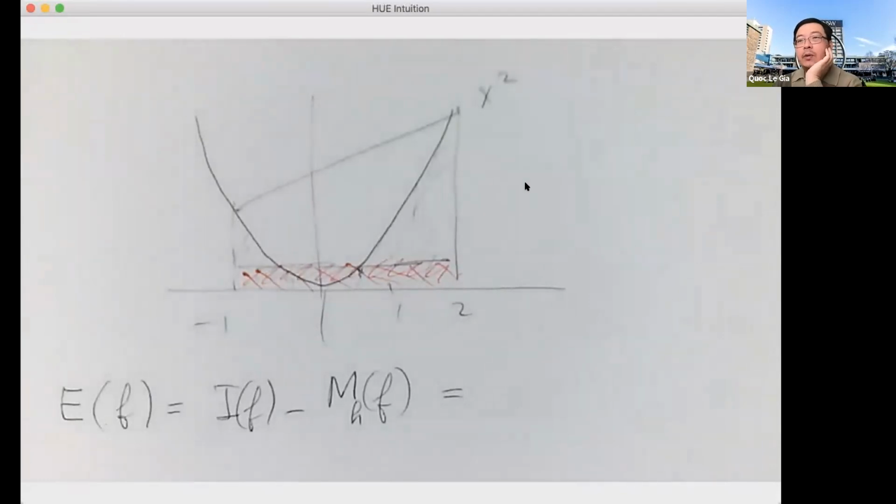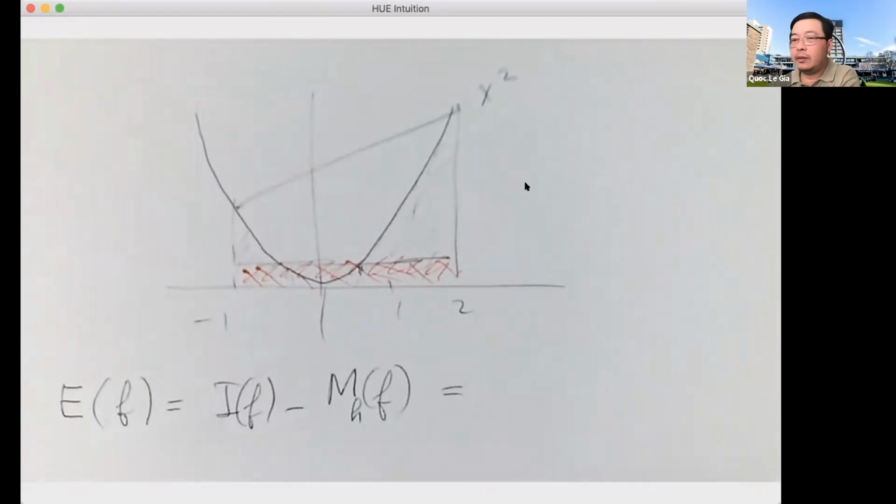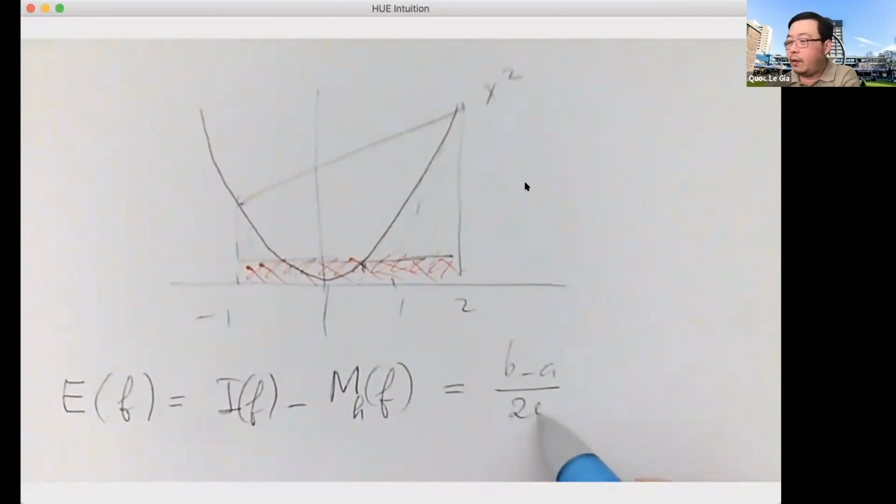We did it just maybe 20 minutes ago. What is the error for the midpoint rule? Did we do it in question 1? Yes. So it will be (b minus a) over 24 times f double prime of c times h squared.